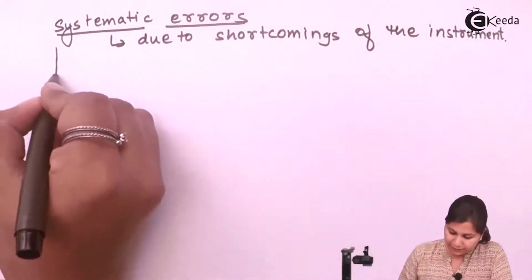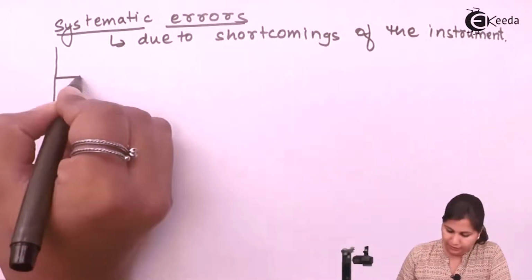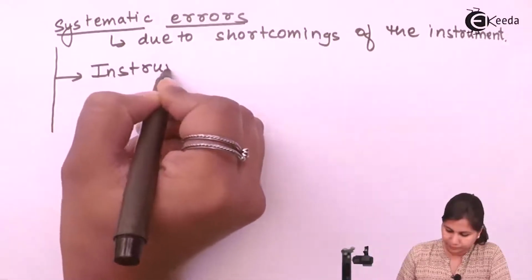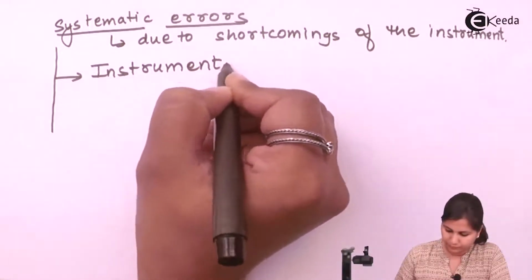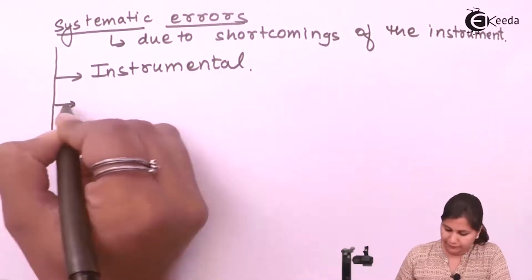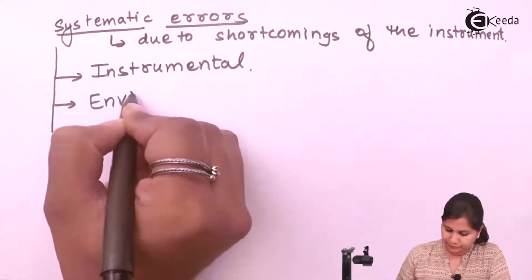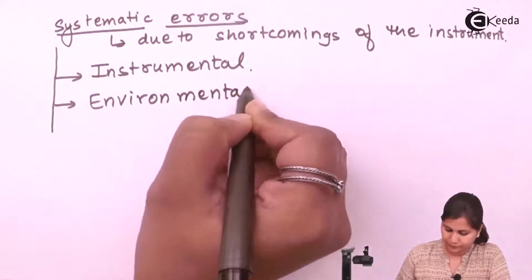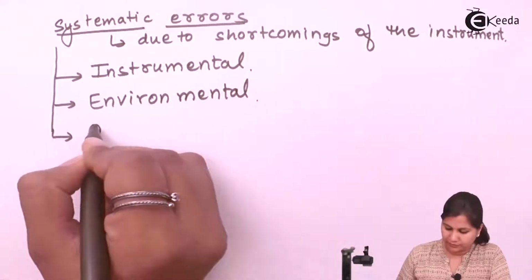Now these systematic errors are of three types: instrumental, environmental, and observational.